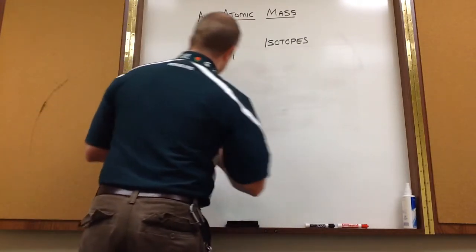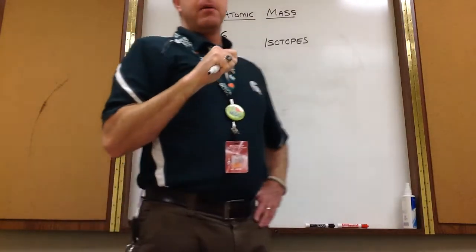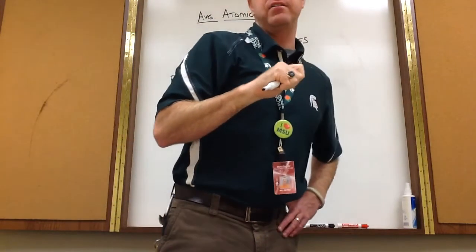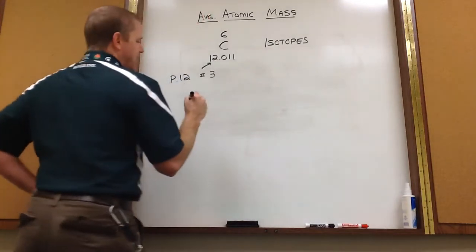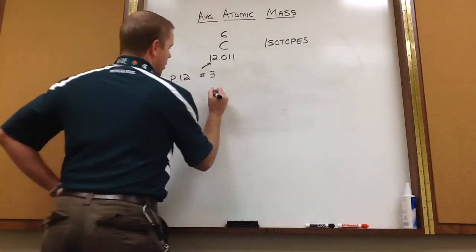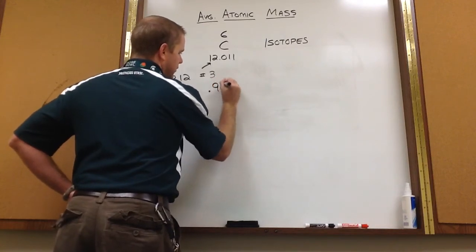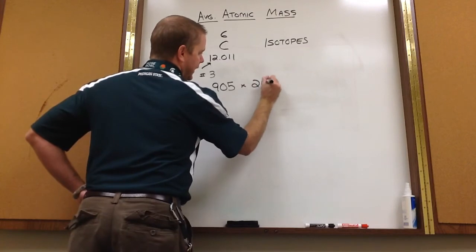Because in number 3, I give you percentages again, but I also give you the isotopes. It's about neon now. It says we have 90.5% neon 20. Well, 90.5% as a decimal is 0.905, and that version was neon 20.